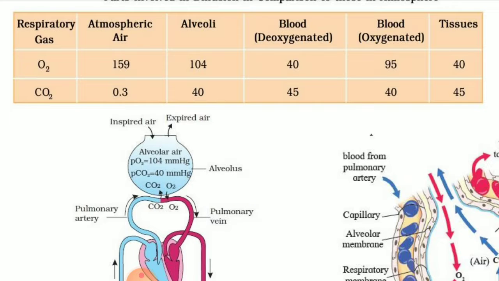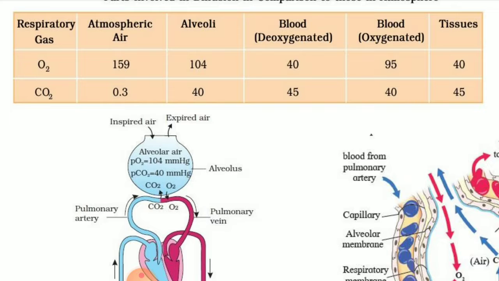Okay, that is the first part. In the second part, we'll talk about carbon dioxide. The partial pressure for carbon dioxide within the alveolar layer is 40 mm of mercury column, and you can refer to the table. Carbon dioxide partial pressure in the deoxygenated blood, within the pulmonary artery, is 45. So obviously 45 is more than 40.